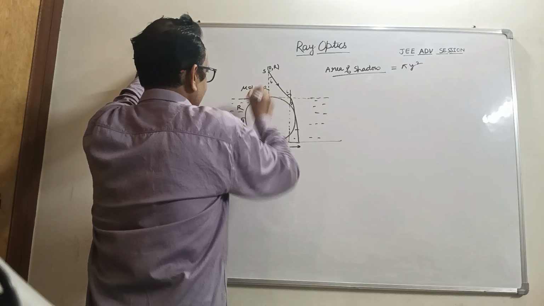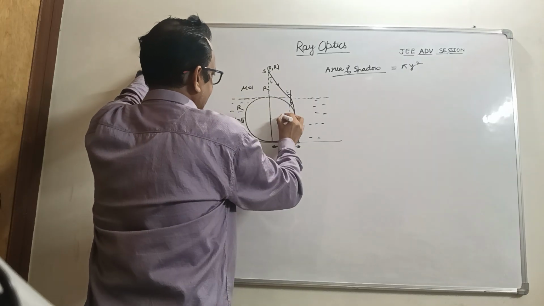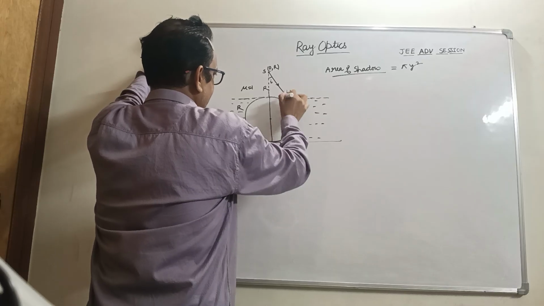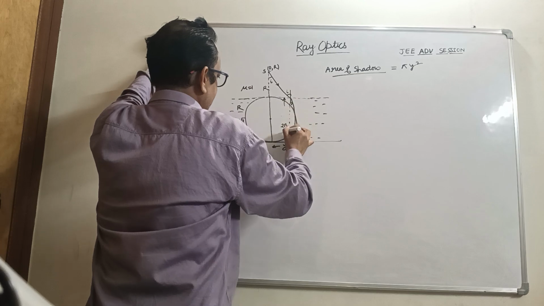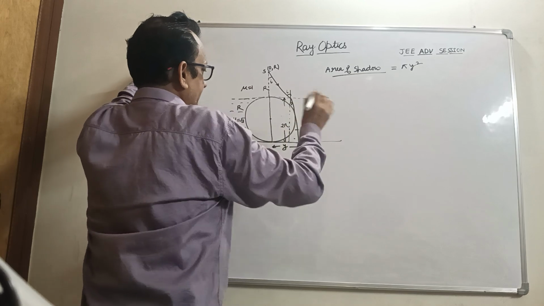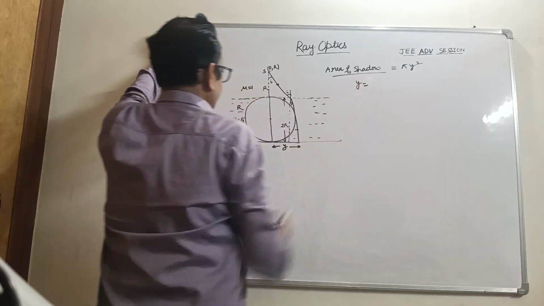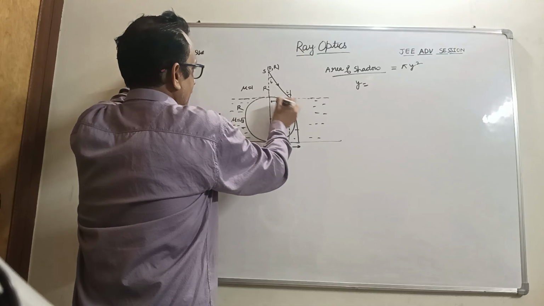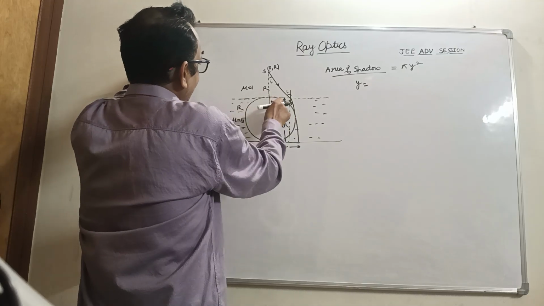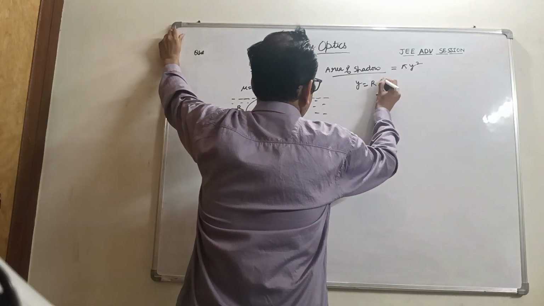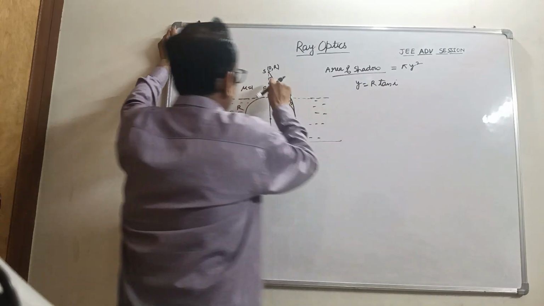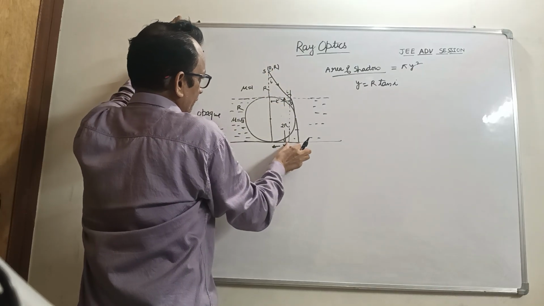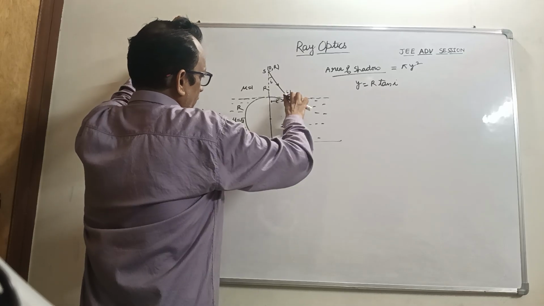This distance is r from vertical and this distance is 2r, here to here. So we write y is equal to, this length is suppose x. So x would be r tan i, this is angle i. So this would be r tan i and this should be 2r.